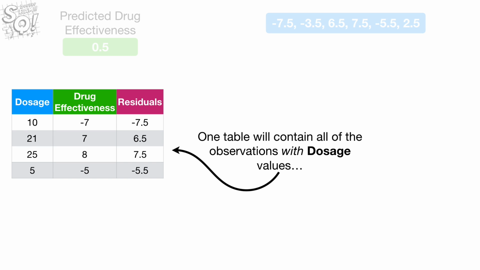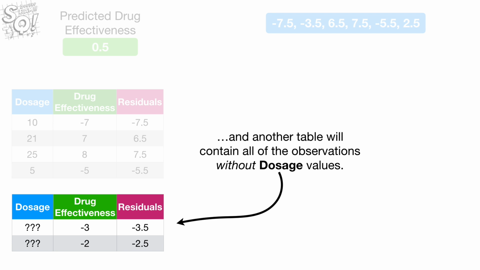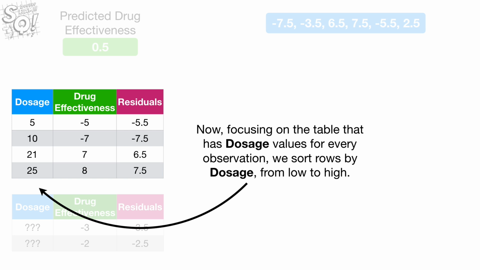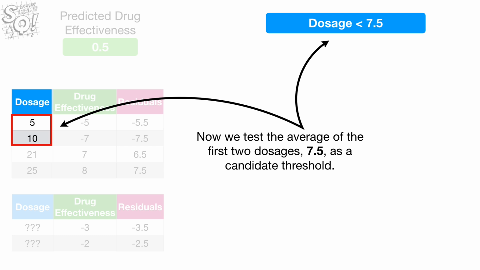One table will contain all of the observations with dosage values, and another table will contain all of the observations without dosage values. Now, focusing on the table that has dosage values for every observation, we sort rows by dosage from low to high. Now we test the average of the first two dosages, 7.5, as a candidate threshold.